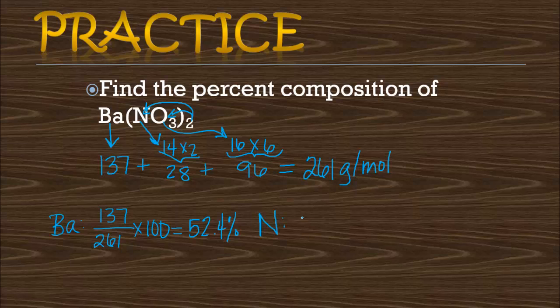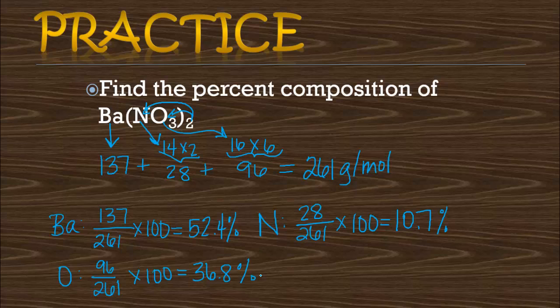So we're going to take N individually as 28 over 261 times 100, and we get about 10.7%. And finally, for oxygen, we would get 96 over 261, multiply it by 100, and we get about 36.8%.